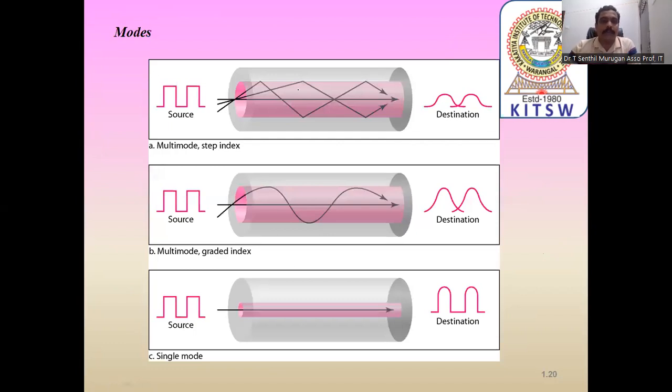You see here, this is the multi-mode step index method, and this is the multi-mode graded index method. One is in the sender port, another is in the reflection method. But here all the signals are getting reflected; more than two signals are transmitted at the same time. In single mode, only one signal will be transmitted directly through that port.